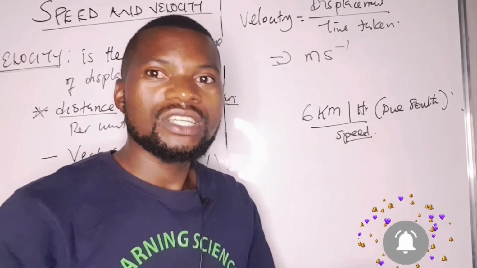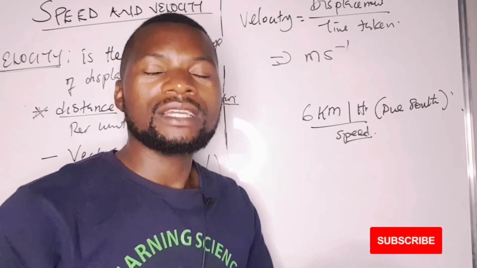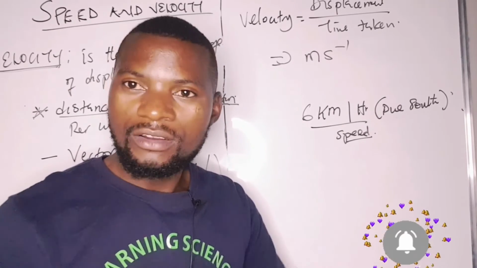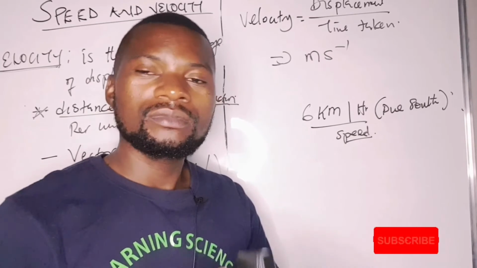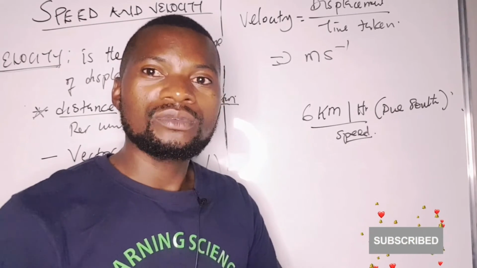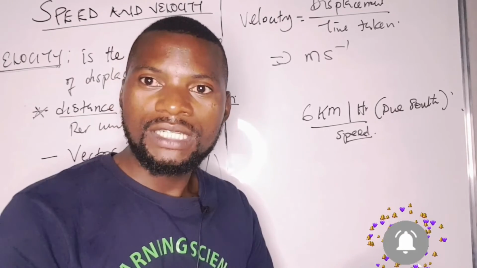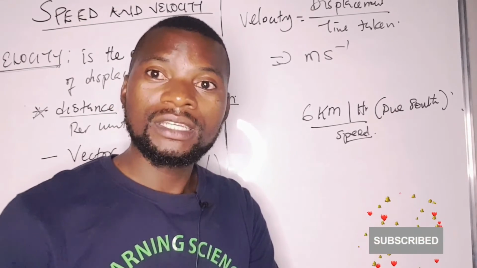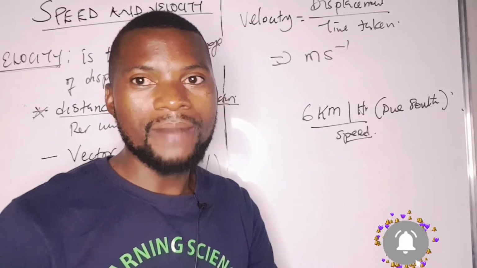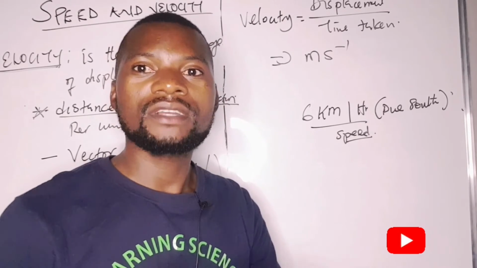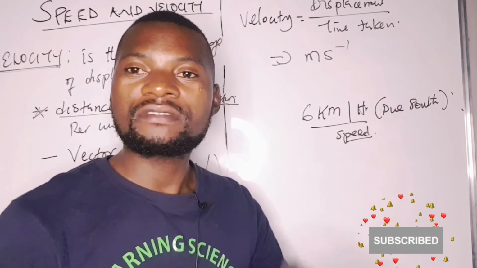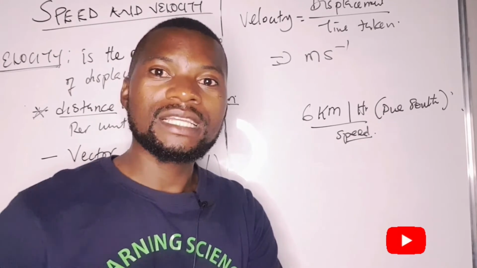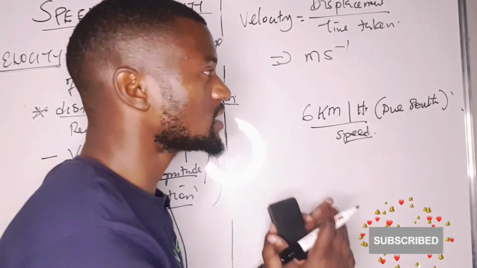When the direction is not specified, it means you are talking about speed of a particular object. So velocity has got both direction and magnitude, while speed has got only magnitude. That's why velocity is said to be a vector quantity, and speed is said to be a scalar quantity. So the difference is here.